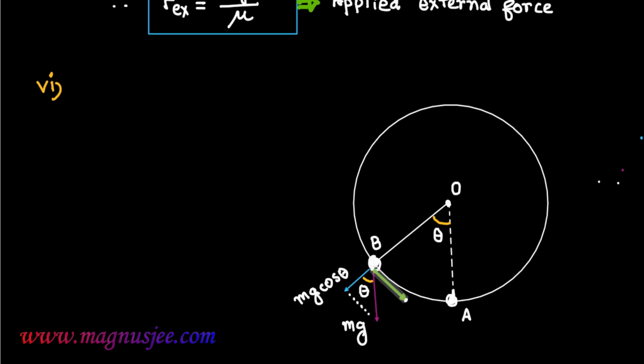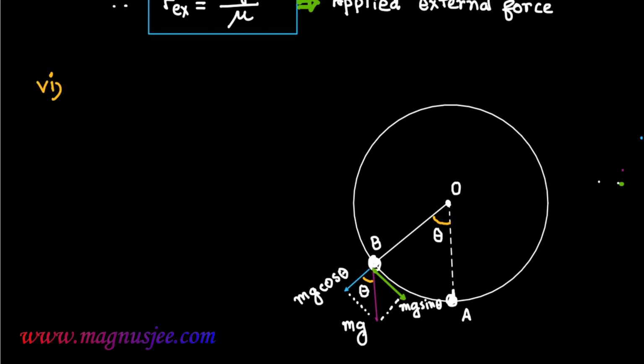Mg cos theta acts at an angle theta with mg, and we can draw another side of the rectangle, taking mg as the diagonal. This side of the rectangle, denoted by green color, is the another rectangular component of the weight, which is mg sin theta.